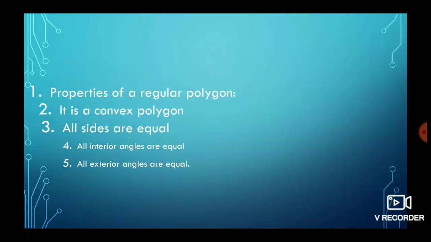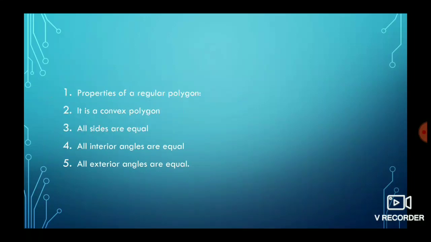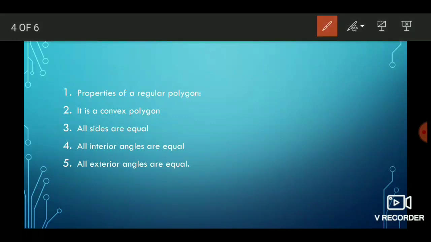A regular polygon is always convex, because in a regular polygon all the sides as well as the interior angles are equal, which I have written here. All the interior angles as well as sides are equal, and all the exterior angles are also equal. These are the properties of a regular polygon.